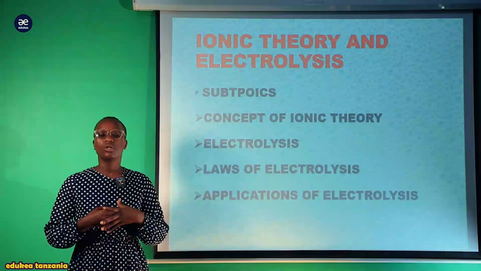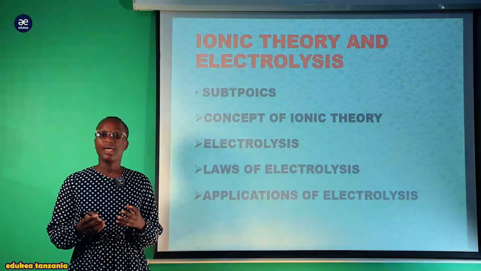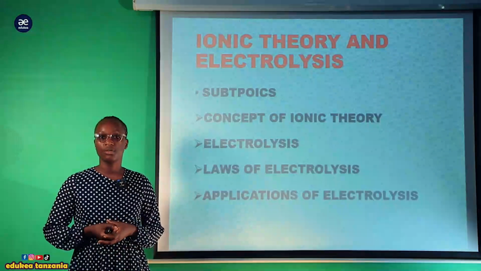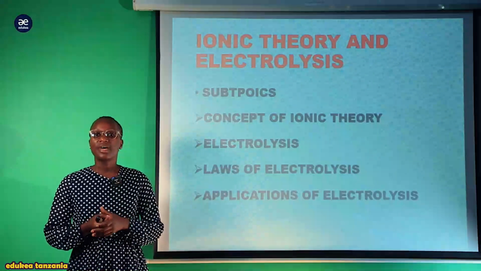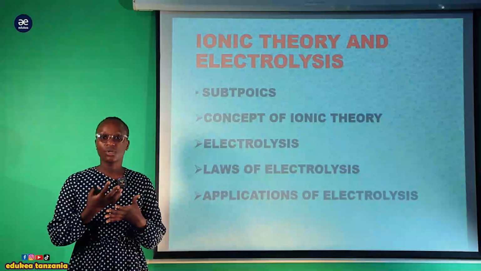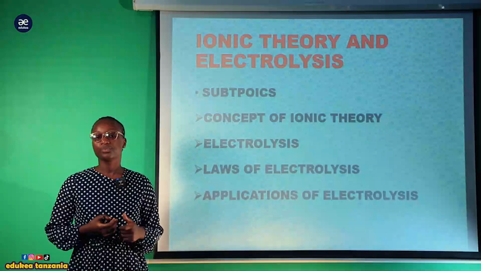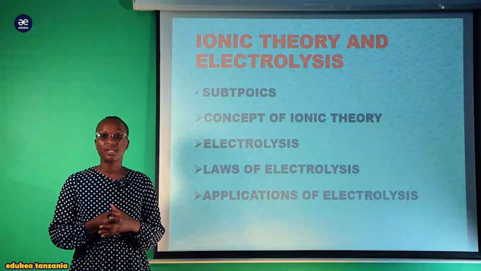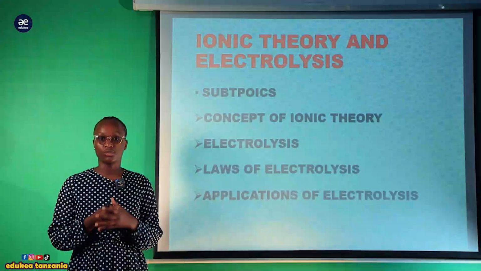We came to prove and saw that there is a relationship between the mass liberated or consumed of the substance and the quantity of electricity produced. In this first law of electrolysis, the mass is directly proportional to the quantity of electricity produced.